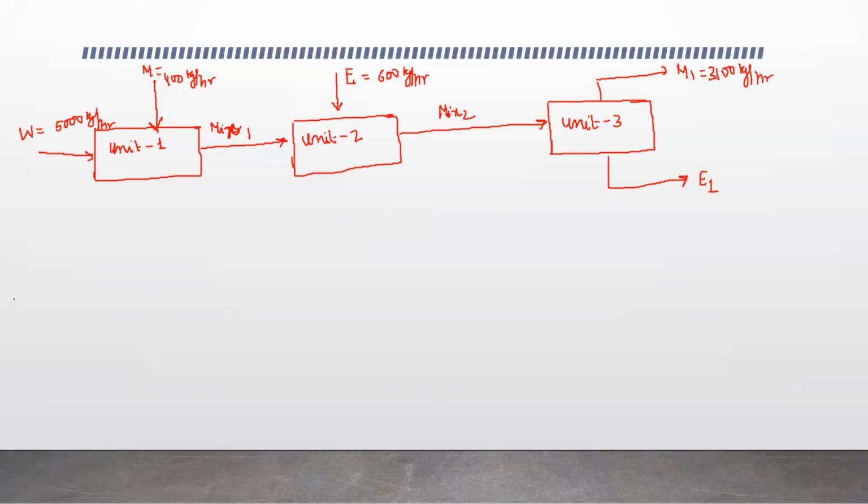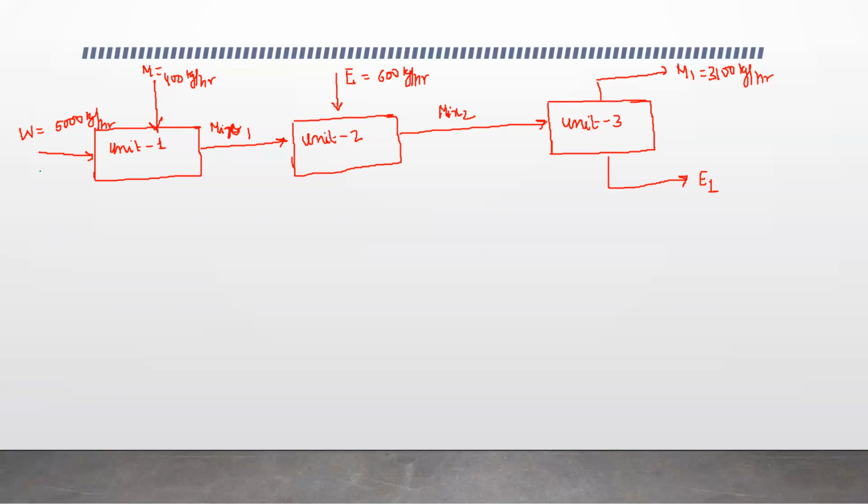The first way of making equations is doing material balance about each unit, that is unit number 1, unit number 2, and unit number 3. So if you have n units, you are going to get n equations around each unit. You can do overall material balance about each unit, and you can do component balance about each unit. That is one form of equations that you can get.